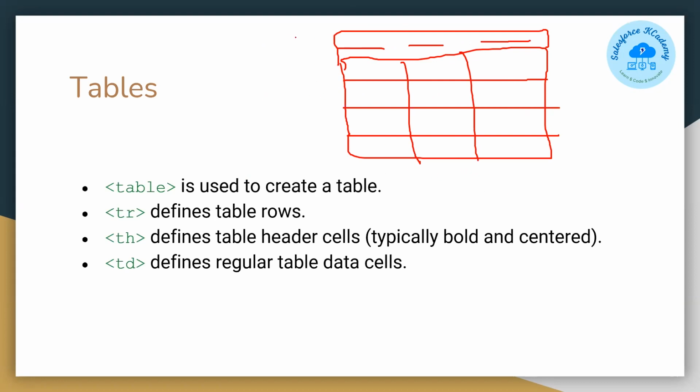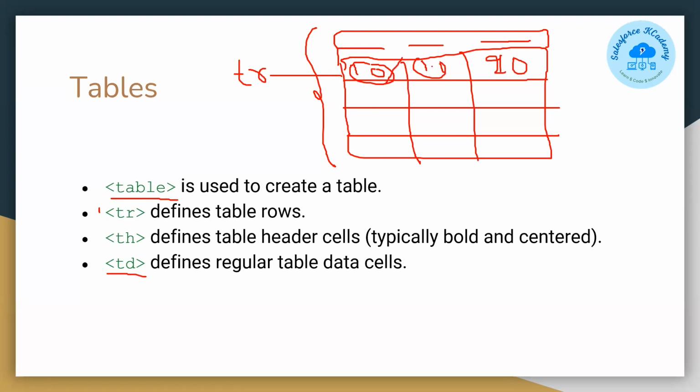Then to define this table in HTML, we use the element called table. This will create a table. Now, for each row, you use the element called tr. Then for each data, suppose 1, 10, 11 or 20, each data or each column on the particular row, we use something called TD, table data.